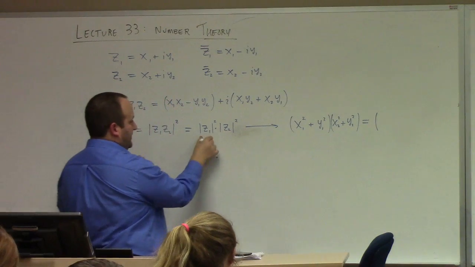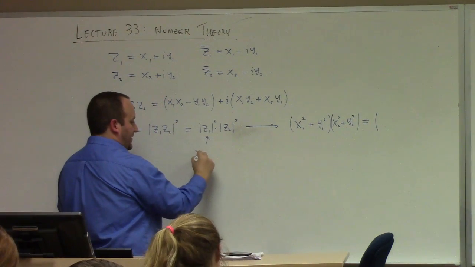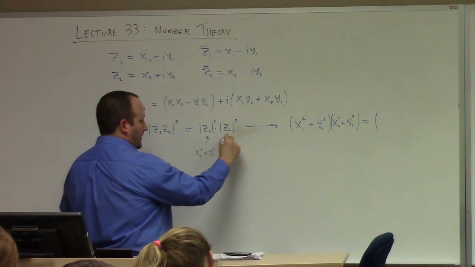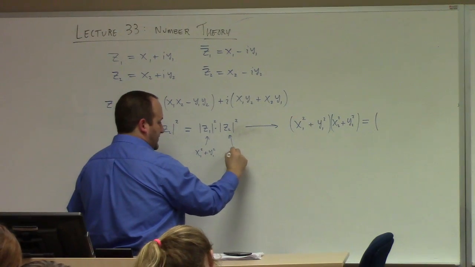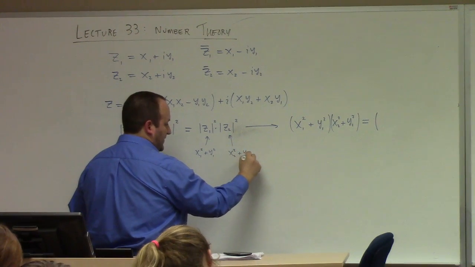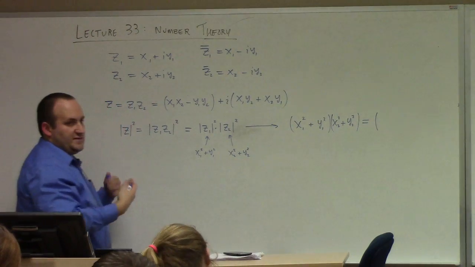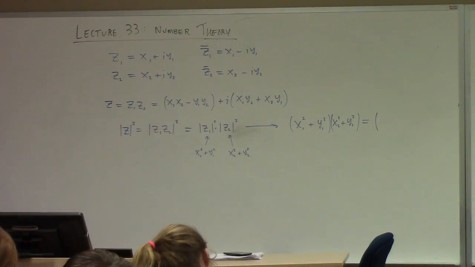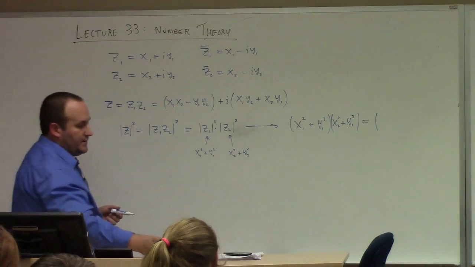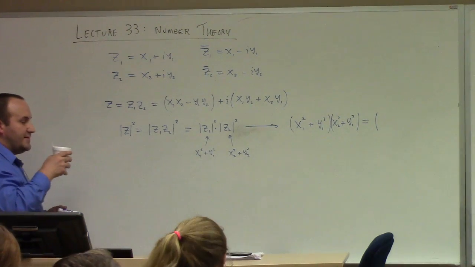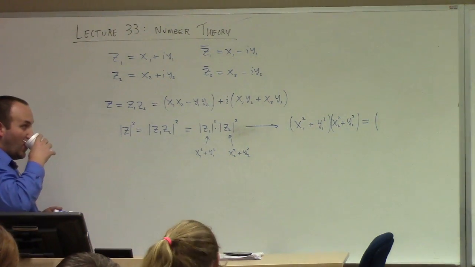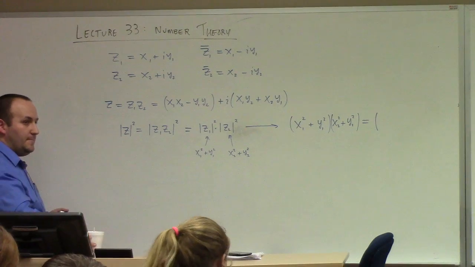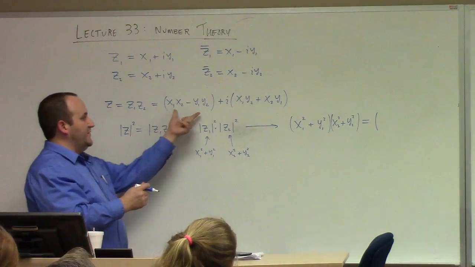So this is x1 squared plus y1 squared, right? And this is x2 squared plus y2 squared, right? Because the modulus is the distance, and the square of the distance is just the sum of the squares of the Cartesian components of the complex numbers. So we get the product of x1 squared plus y1 squared times x2 squared plus y2 squared equals to what? The sum of two squares, right? The sum of this thing.